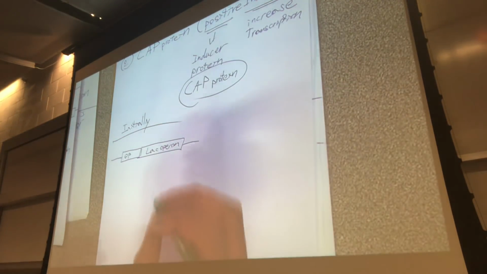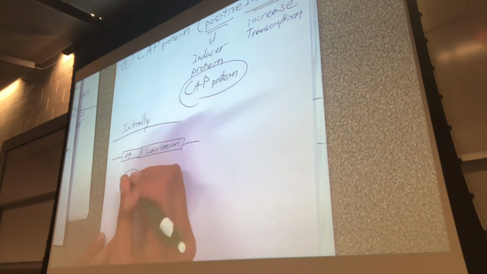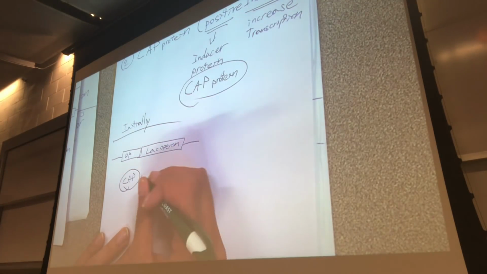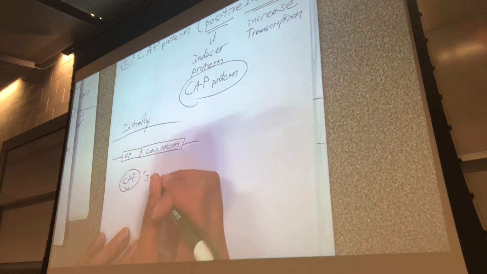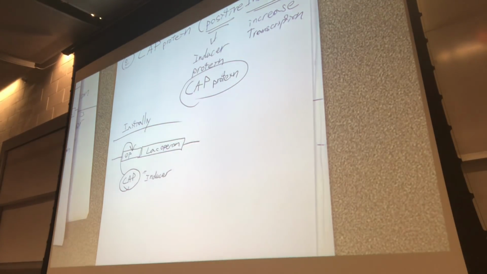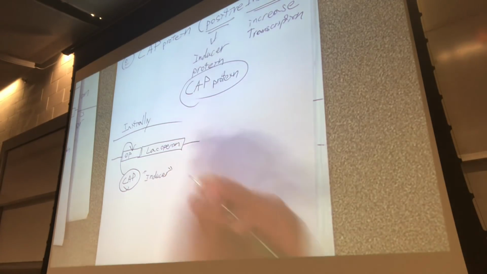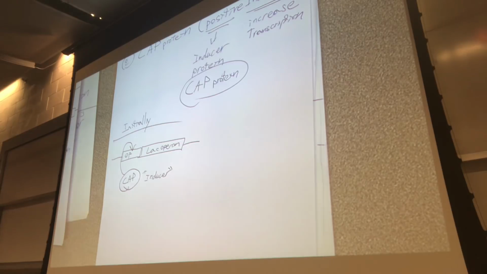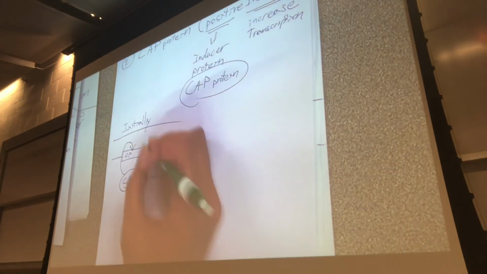But now, you want to attach the cap inducer. You want to attach it to the operator, because in doing so, it's going to really ramp up transcription of the Lac Operon. If this thing attaches to the operator, it's like stepping on the gas in your car that you have removed the parking brake from. So, how does it do that?